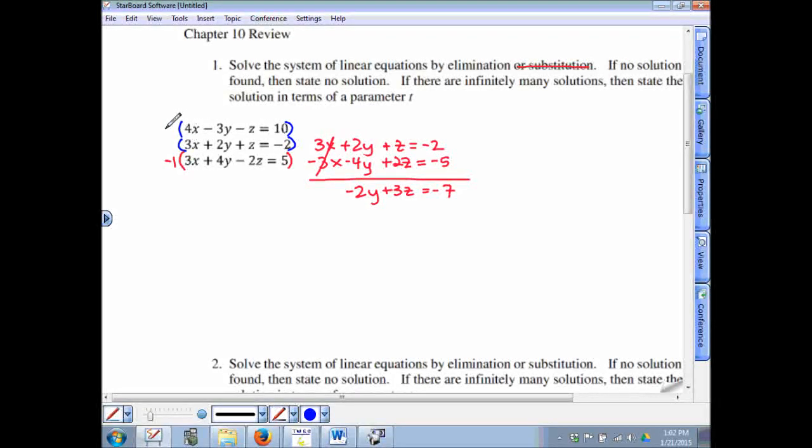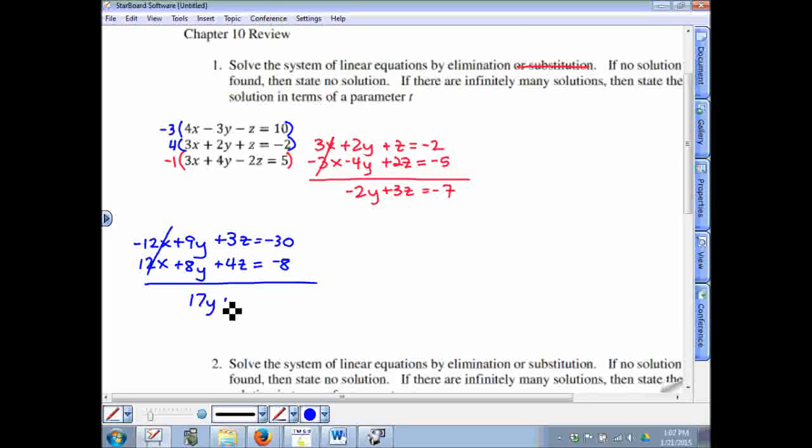So if I multiply this top one by -3, for example, the middle one by +4, that gives me the equations -12x plus 9y plus 3z equals -30, and then 12x plus 8y plus 4z equals -8. Add these together, the x's are gone.